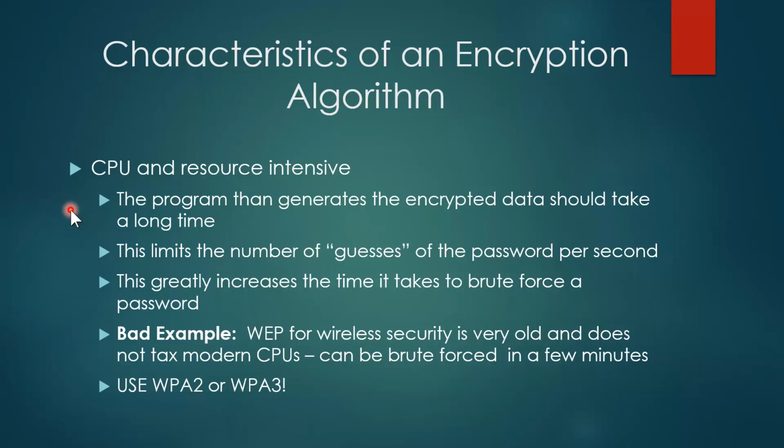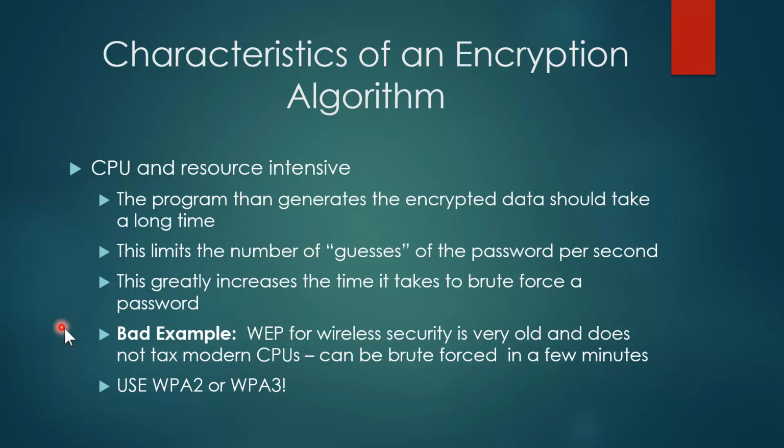So if it takes a thousandth of a second to turn that clear password into a hash, then you can only take 1,000 guesses a second at the password. So that limits the brute force attack, and greatly increases the time it takes to brute force.